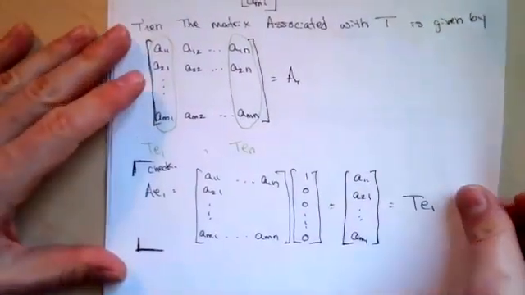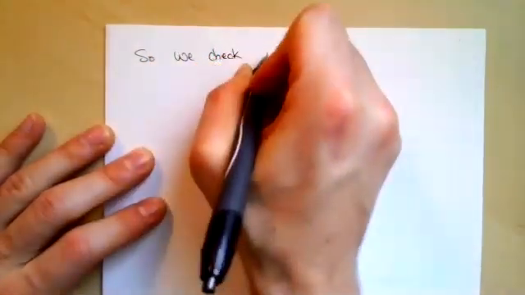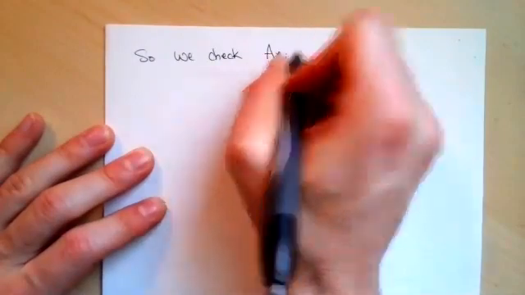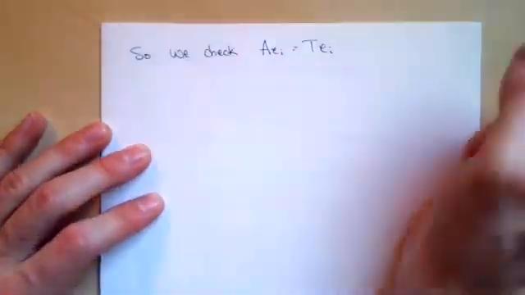So for any vector, let's just write out, so we check that A acting on any of the basis vectors is going to be the same as the linear transformation acting on the basis vectors.